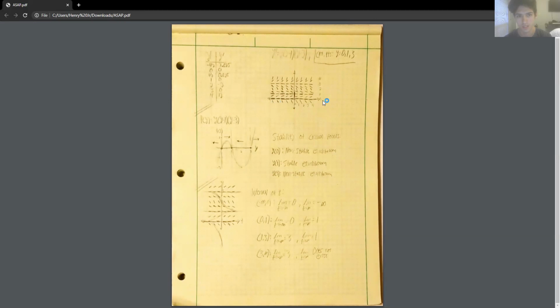So for each horizontal line, all the slopes should be the same. The only change would be as you get higher or lower on the vertical axis, you'll notice the slope change. And this gives us sort of a field to see where the regions meet and how they behave as they approach these critical points.